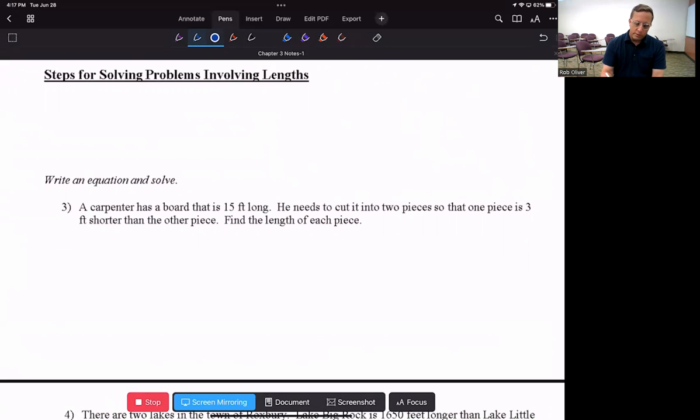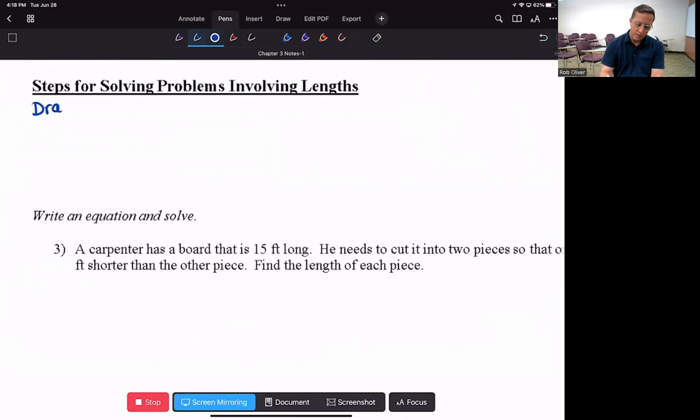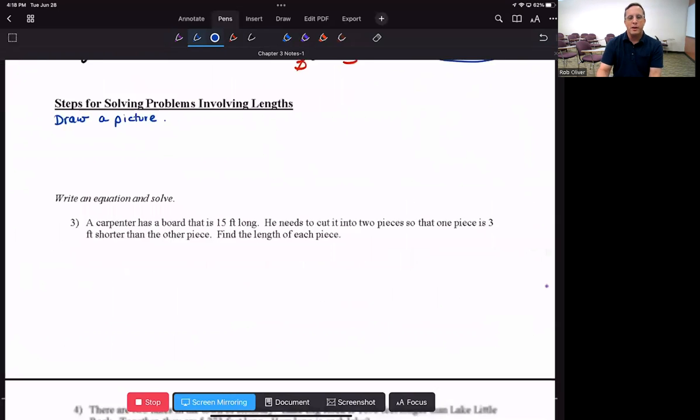So yeah, draw a picture. This is all the steps I'm going to write here. So that's my advice for these problems.